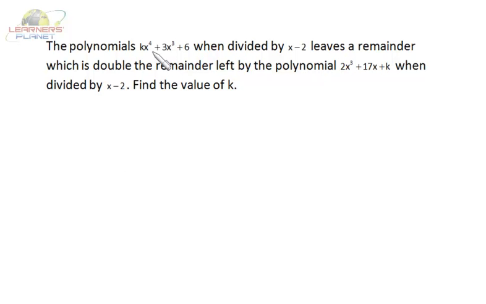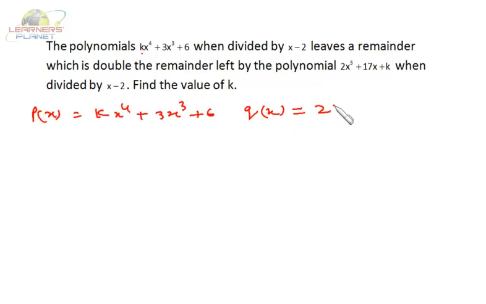First of all, we have to find out the remainder when the polynomial is divided by x − 2. Let's assume this polynomial to be p(x). Now, p(x) is equal to kx⁴ + 3x³ + 6. And let it be q(x).